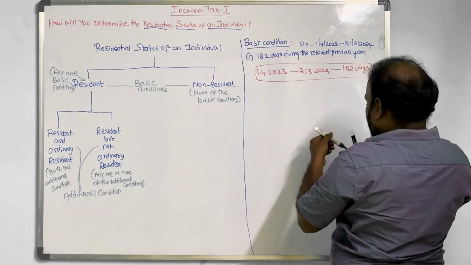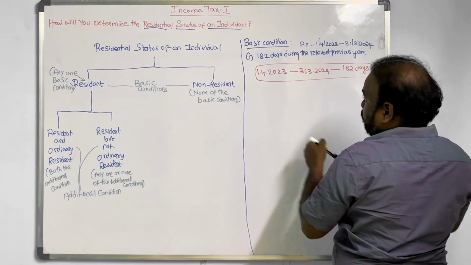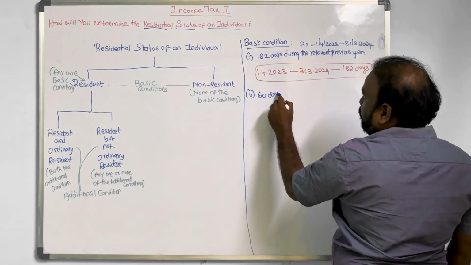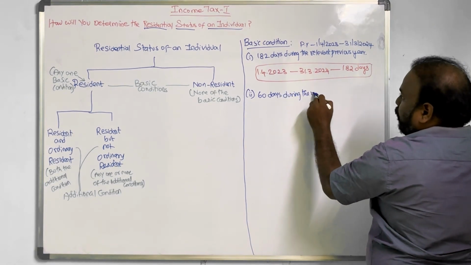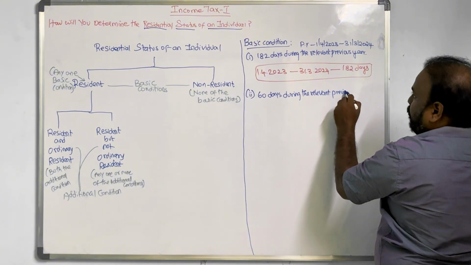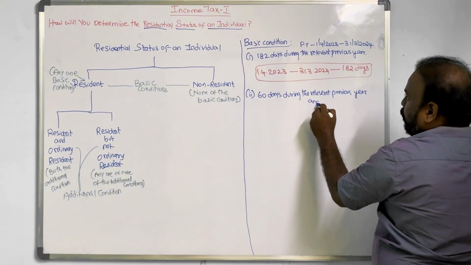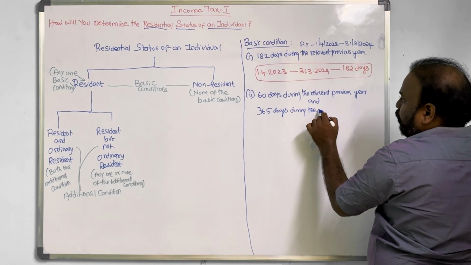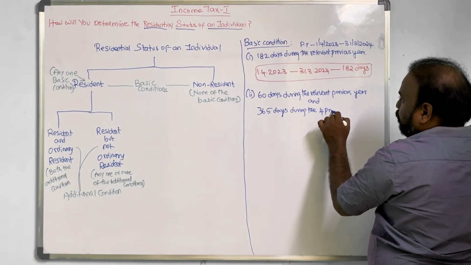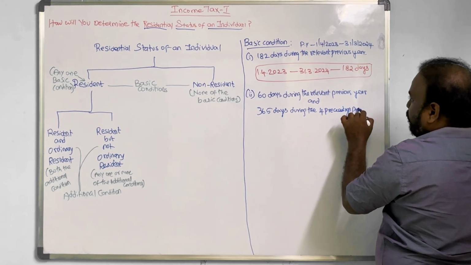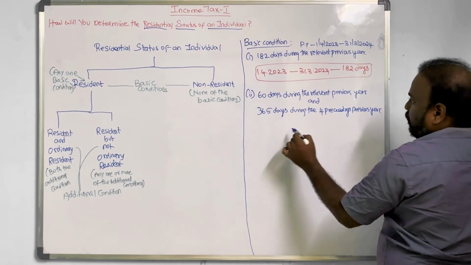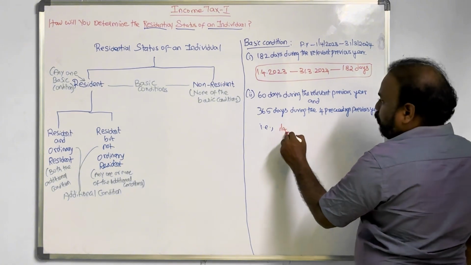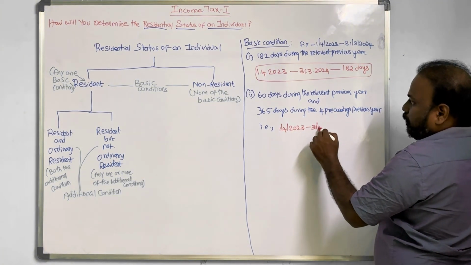Then the second basic condition is that a person should be in India for 60 days during the relevant previous year, and 365 days during the 4 preceding previous years.